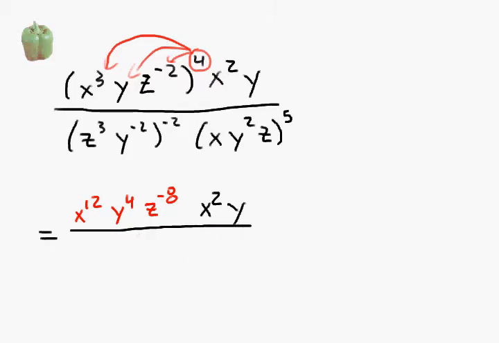Now, we'll go ahead and we'll do the distribution in the denominator. We've got to be careful with this one because of the minus sign. So that's z to the minus 6, y to the positive 4. And finally, we'll distribute here. And each one of these three factors has that exponent applied to it.